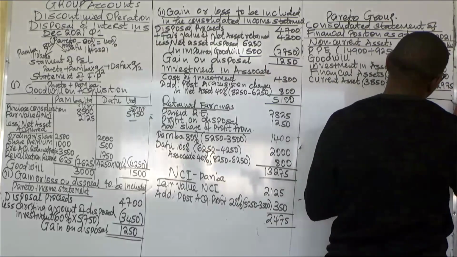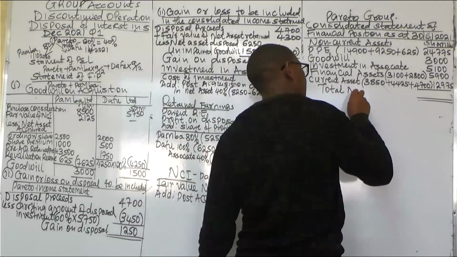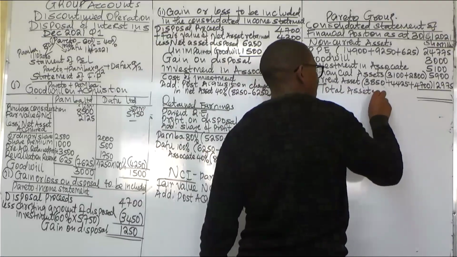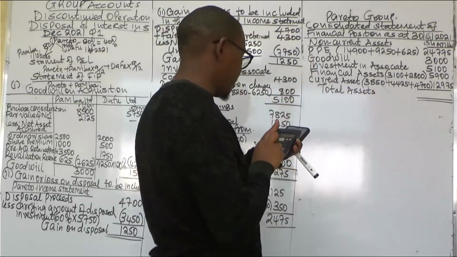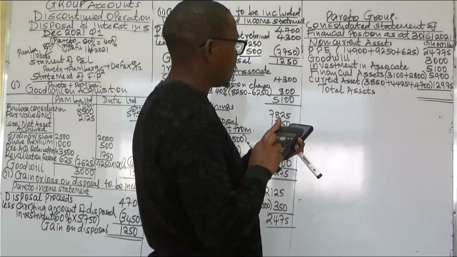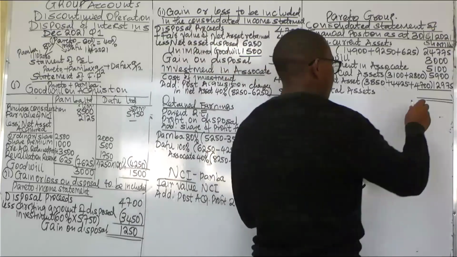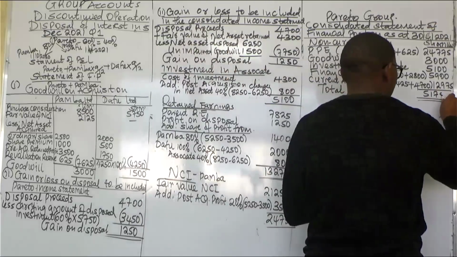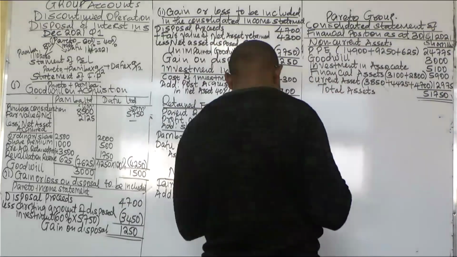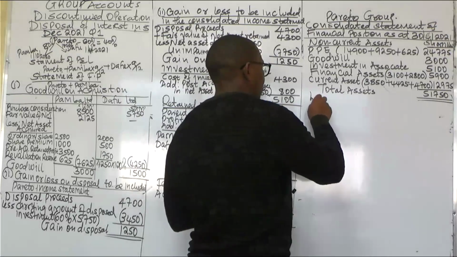So get the total assets. Total assets will be 24,775, 3,000, 5,100, 5,900 plus 12,970. This is 51,750.